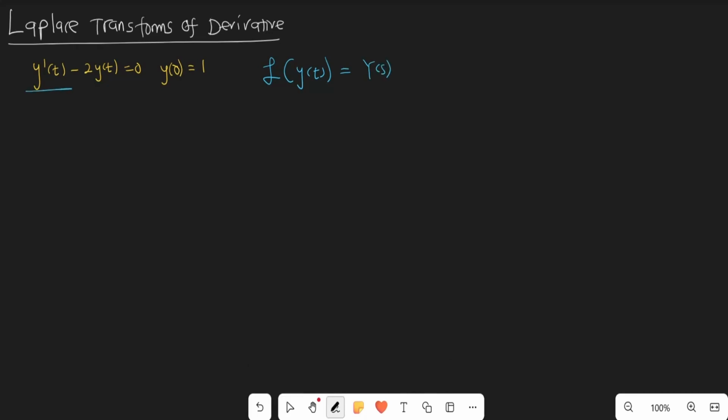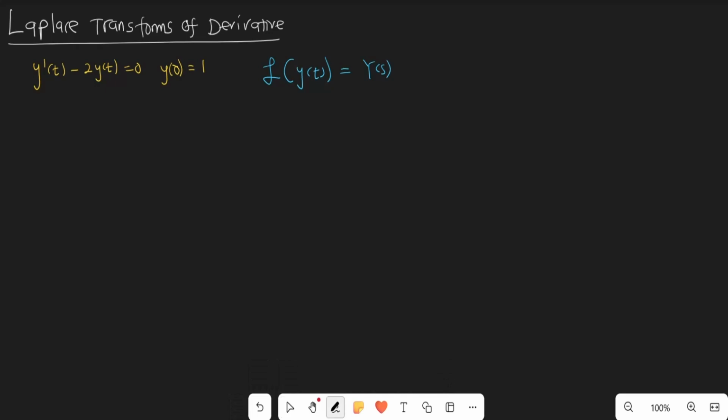But we do not know the Laplace transform of the derivative of the function. So for us to be able to use the Laplace transform to solve this differential equation with an initial value condition, we will have to establish the value for the Laplace transform of the derivative of this function. So I'm going to derive the Laplace transform of the derivative of this function, and later on we can use that to solve differential equations.